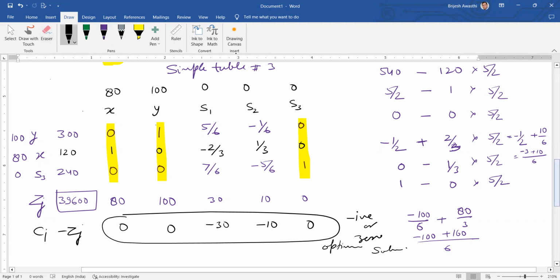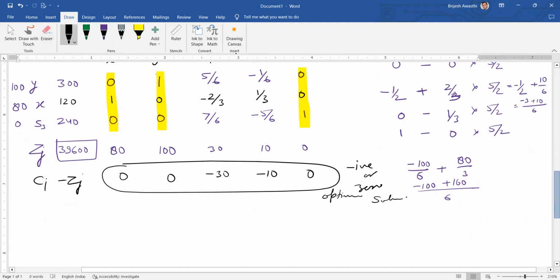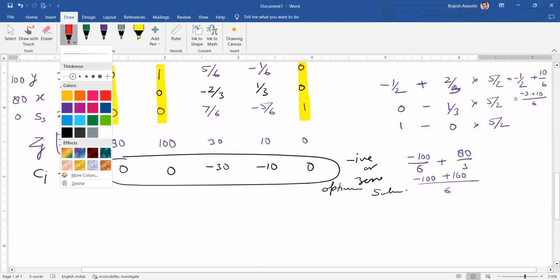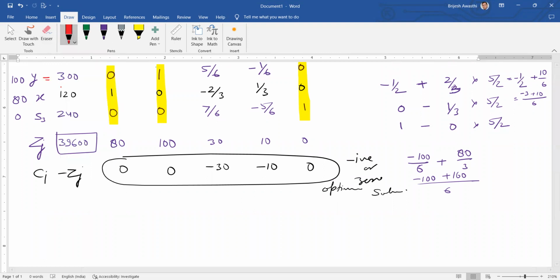What is our answer? Our answer is Y equals 300 and X equals 120, and profit is what? 39,600.